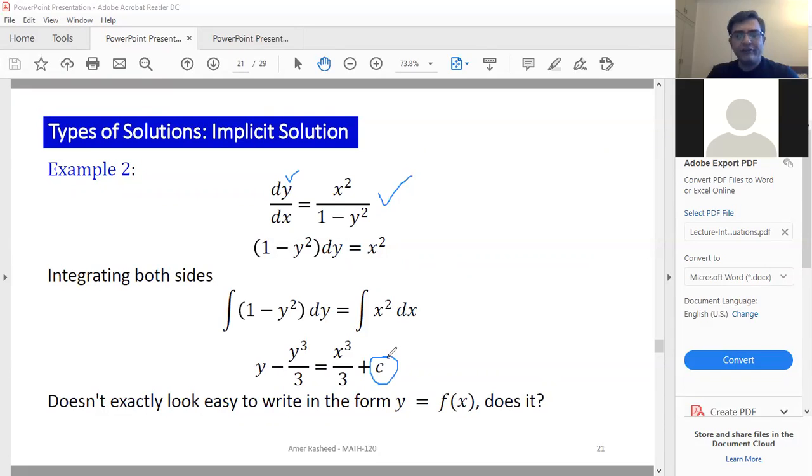If we have one constant of integration and this constant is arbitrary, c can take any value in the real numbers. So how many constants? This solution involves only one constant. So how many solutions are there for different values of c? We have infinitely many solutions. So this set of solutions is called a one parameter family of solutions because we have only one parameter in this solution. I hope that you got it.